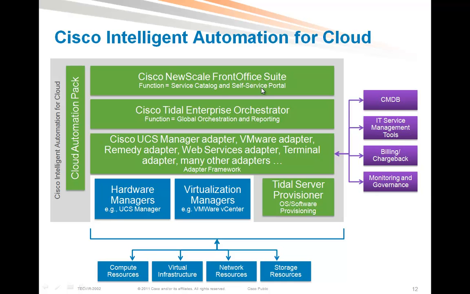After the user places the request on the portal, that information is passed on to the Tidal Enterprise Orchestrator, which is my global orchestration from a functionality point of view. And Tidal Orchestrator has a few adapters, for example UCS Manager and VMware adapter, that enable it to go and talk to the domain managers.